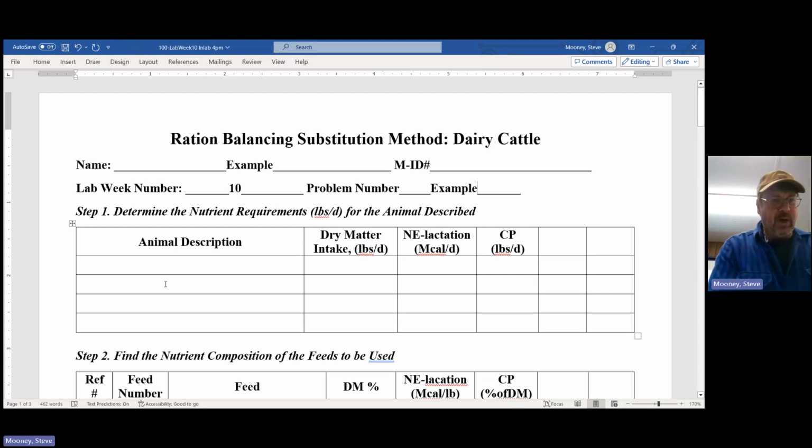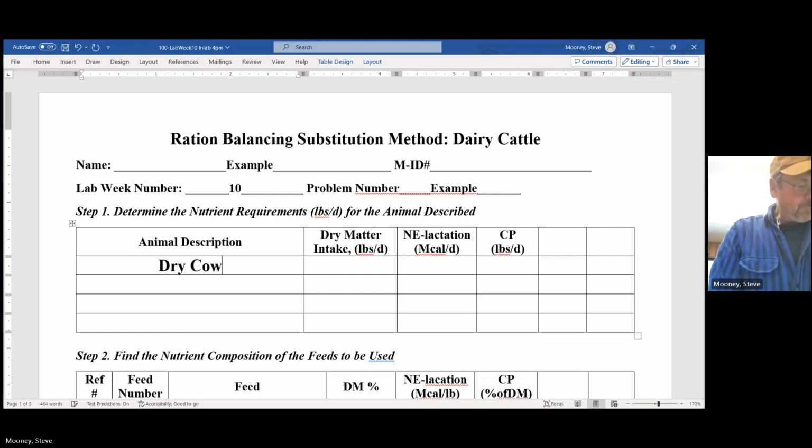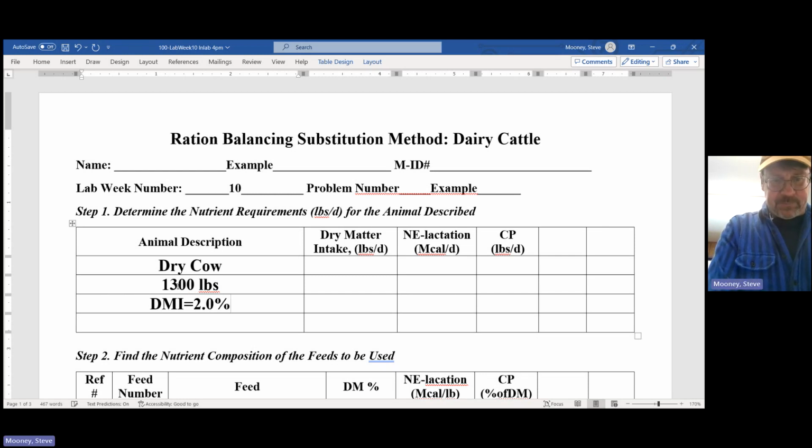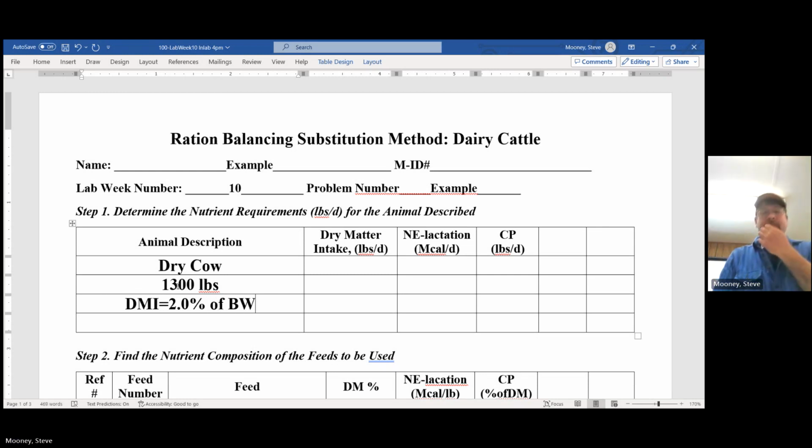So we're going to do a dry cow, animal description. That animal is going to weigh 1,300 pounds. And its dry matter intake is going to be 2% of body weight.